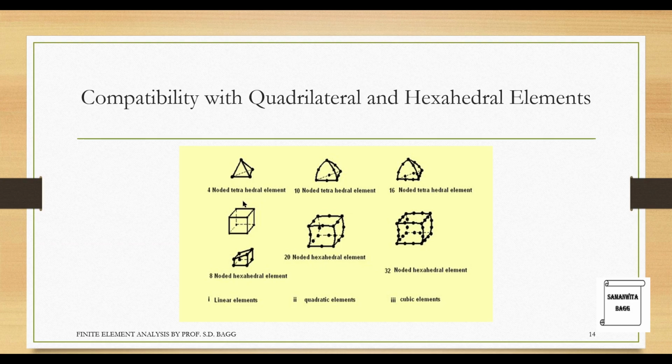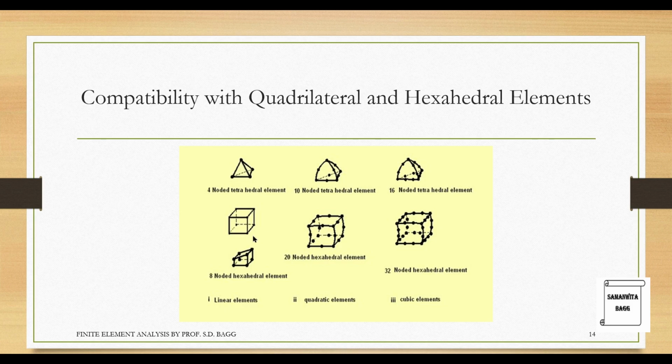Like you can see here, there are 4 noded tetrahedral element. You will have 10 noded tetrahedral element. You can have 16 noded, 8, 20, 32 noded elements, but the number of elements remains limited. It does not increase. So what happens is you are saving on a lot of cost, increasing the speed and making the accuracy better.